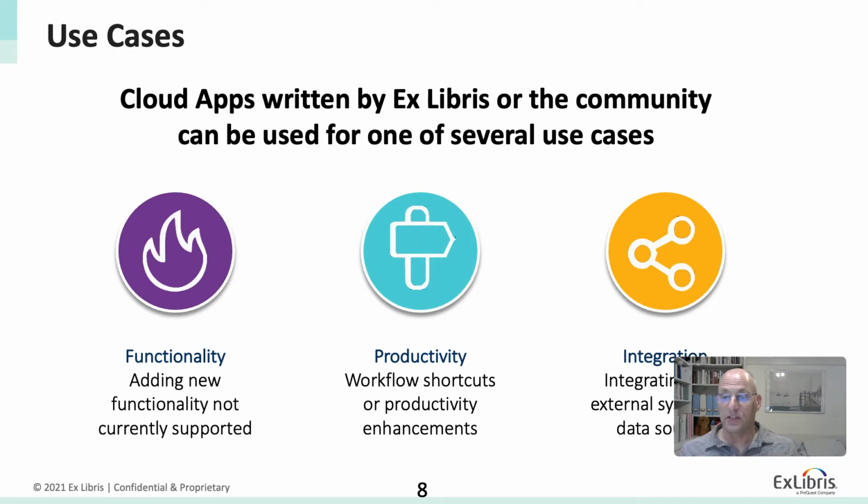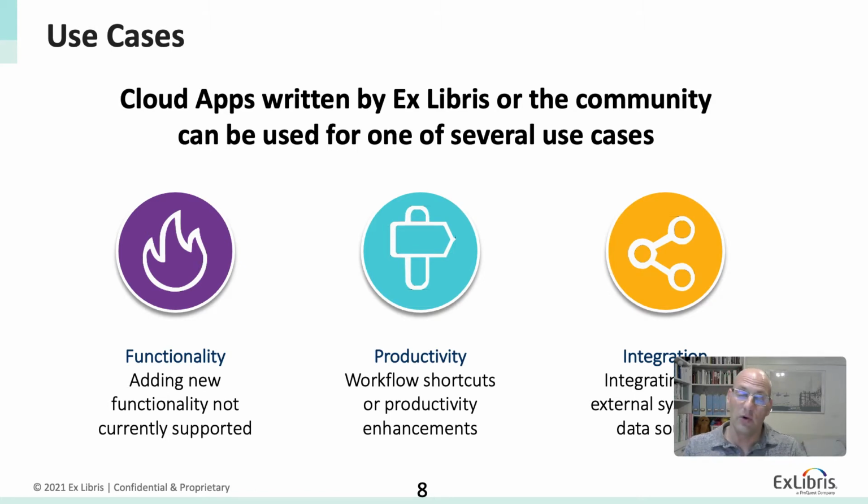And of the cloud apps we've seen so far, they pretty much fit into one of three major categories. So the first one is functionality. There are apps that add new functionality that's not currently supported by Alma. A cloud app can provide workflow shortcuts, productivity enhancements.